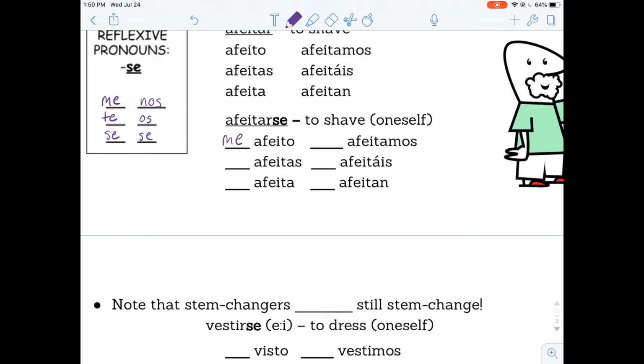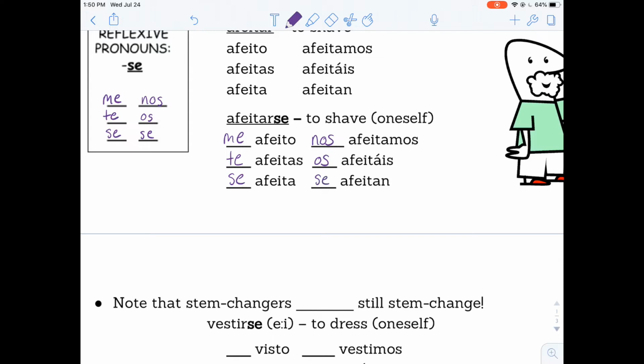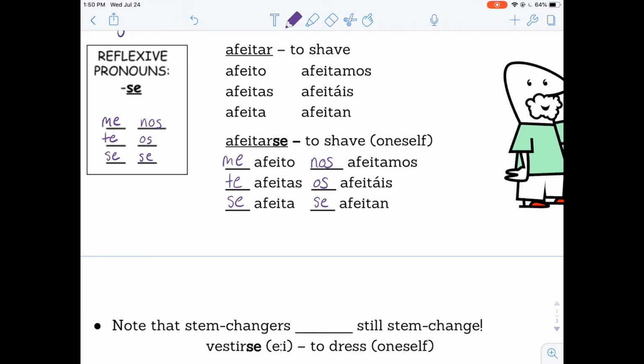Me afeito. Te afeitas. Se afeita. Nos afeitamos. Os afeitáis. And se afeitan. So I changed the meaning from I shave with afeito to I shave myself with me afeito.